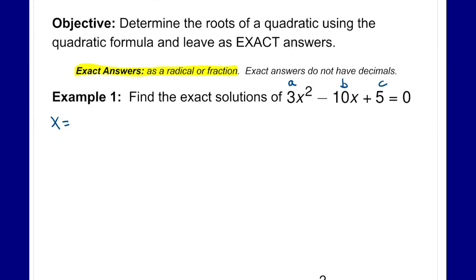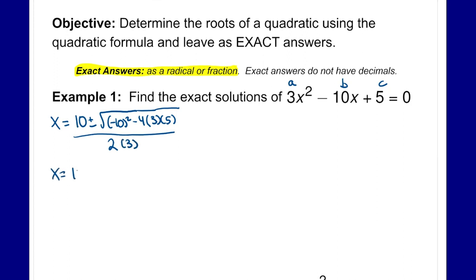So x is equal to negative b, or negative 10, which is just positive 10, plus or minus the square root of negative 10 squared minus 4 times 3 times 5, all divided by 2 times 3. So this becomes 10 plus or minus the square root. Everything underneath, the discriminant, works out to be 40.